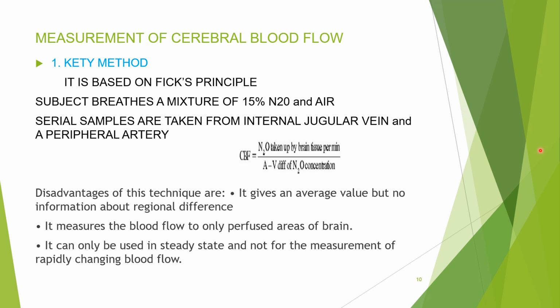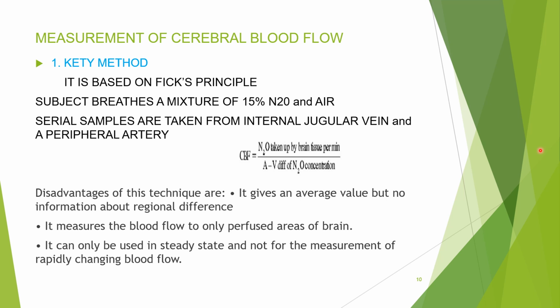So this internal jugular vein represents the venous blood from the brain. We have seen that all the venous blood is collecting into the internal jugular vein. And we also have to take blood samples from the peripheral artery.